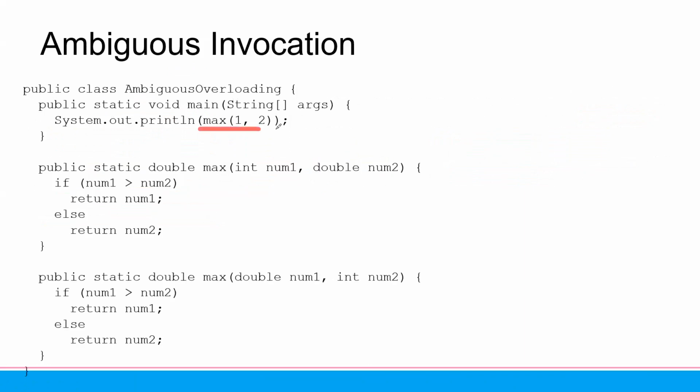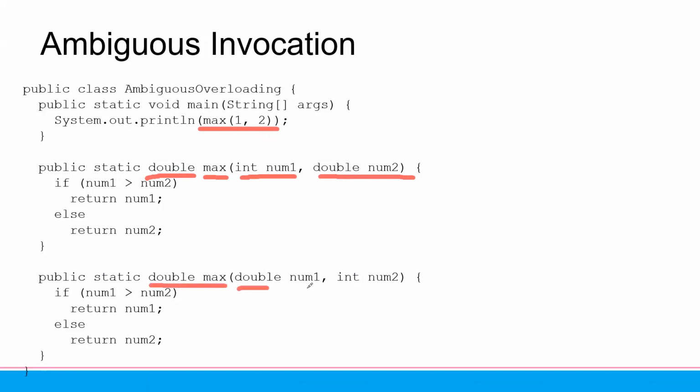I want to get the maximum of 1, 2. If you see this one, double, so it will return a double value. And then this is the method max, and I have integer num1 and double num2. I also have another method named maximum, and it will return double.